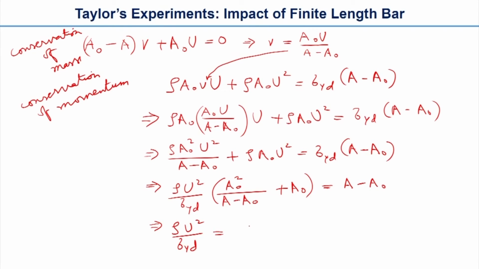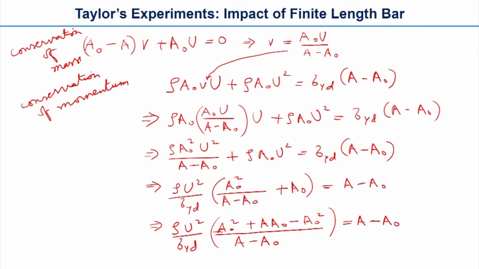We keep it on the left hand side: (A minus A naught) square plus A naught minus A naught square is equal to A minus A naught.